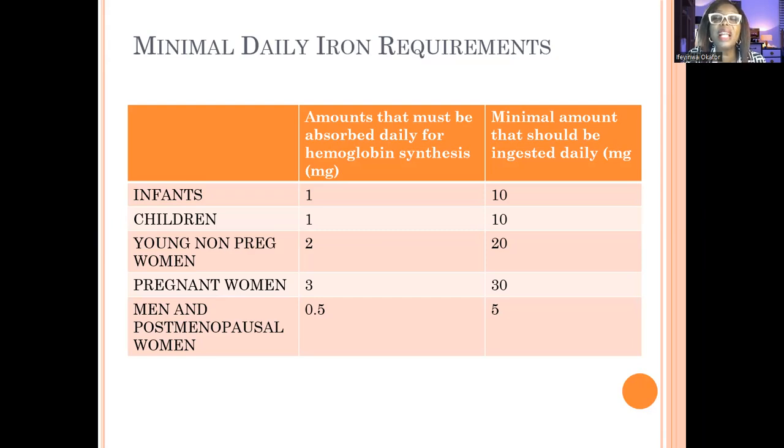So from here, you can see that children, infants, young non-pregnant women, and pregnant women actually need to consume higher amounts of iron in their daily meals in order to absorb the amount needed to produce hemoglobin and other things that need iron in their system.